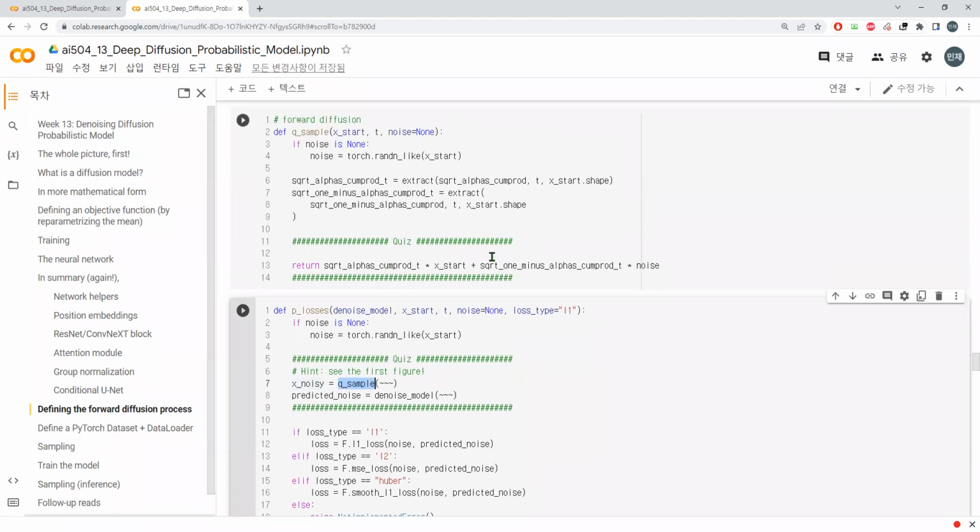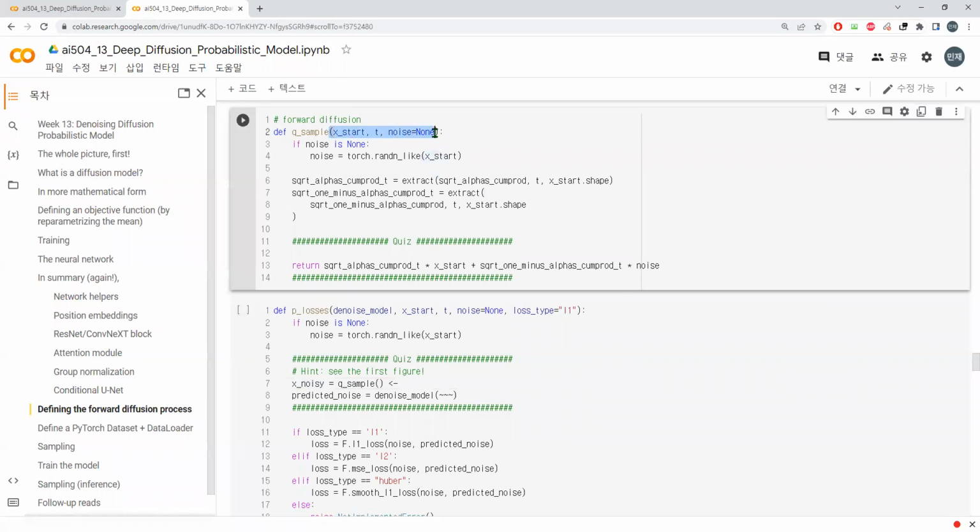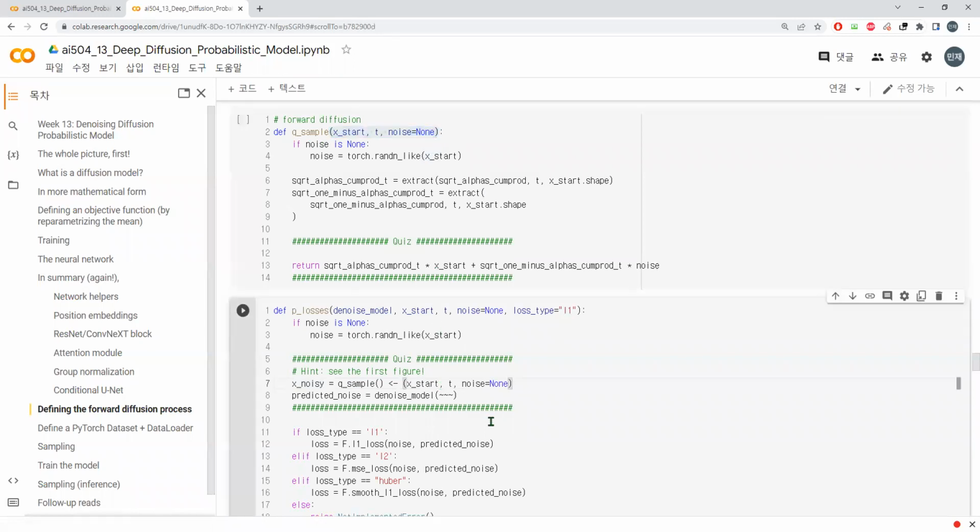For some guys who need more explanation, the input arguments of the q_sample function are this one, right?